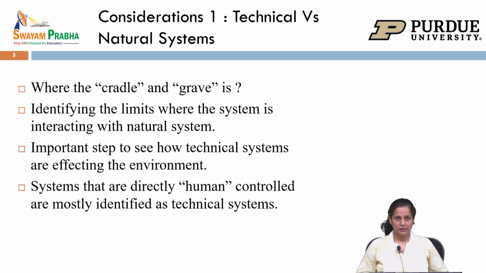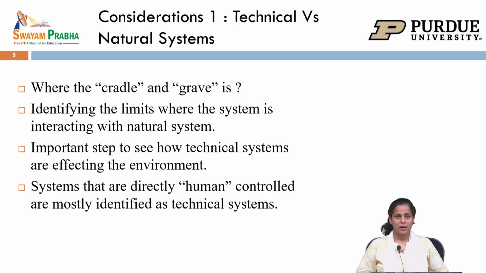So, here we are identifying the limits where the system is interacting with the natural system. It could be where the emissions are going, or it could be where the end of life product is being disposed. It is important to see how technical systems interact with environmental system, because one of the key goals of LCA study is to assess the environmental impacts of the product under consideration.